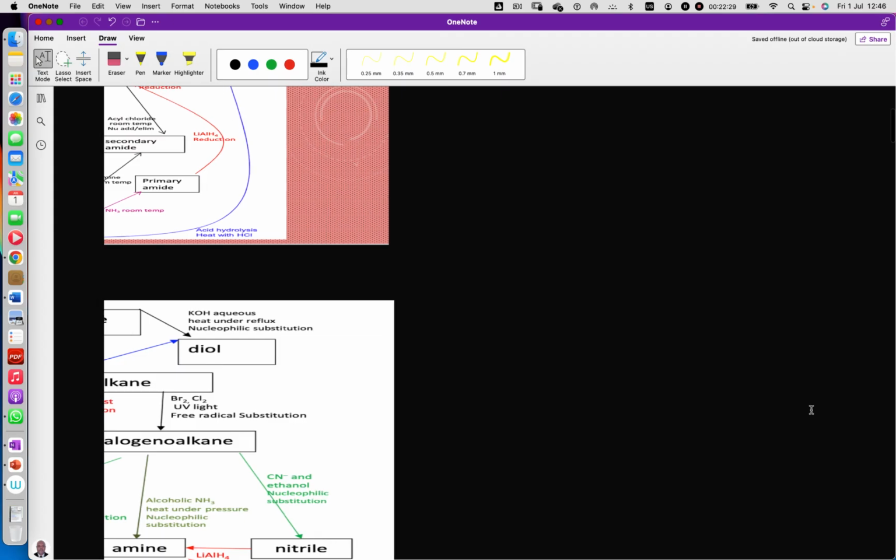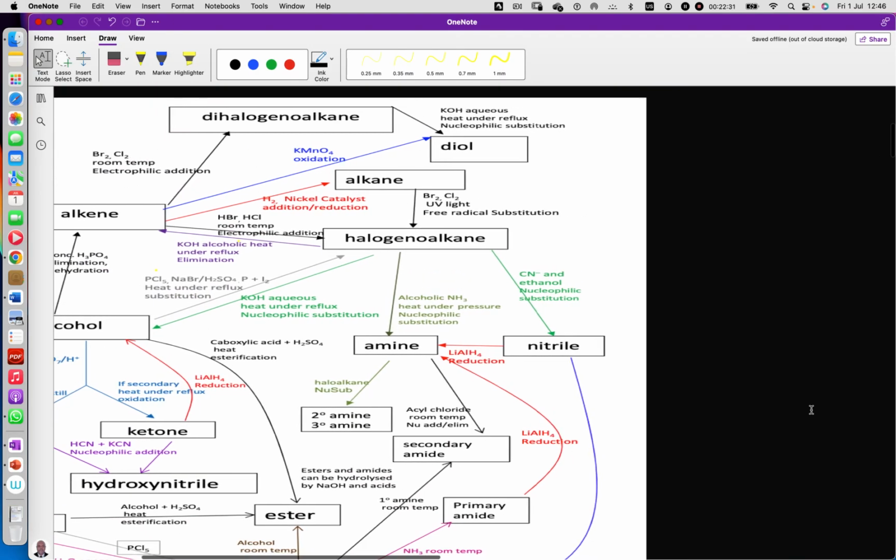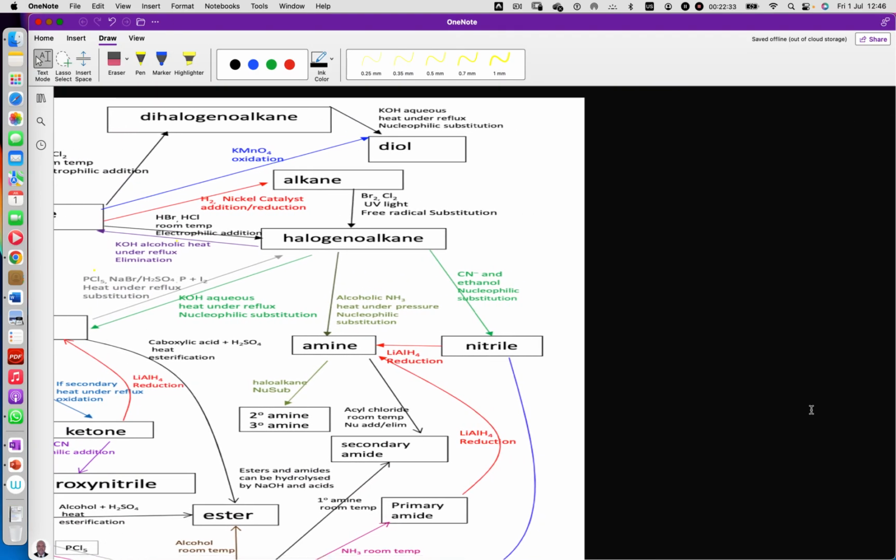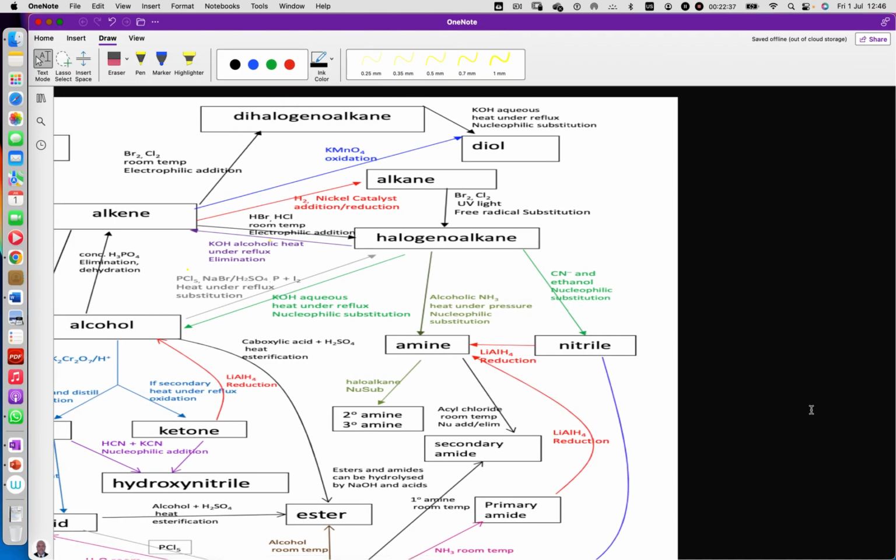Okay, now diol. How do we oxidize an alkene? Let's take an example of the alkene to be ethene. We are still going to be using ethene, with cold dilute acidified potassium manganate 7 at room temperature and pressure.